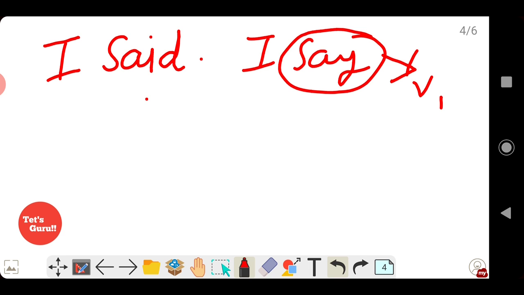So first of all, try to revise those verbs which are very basic. This is the very first condition. If you know the basic vocabulary, fundamental words, good, but if you don't know, you're going to face trouble.